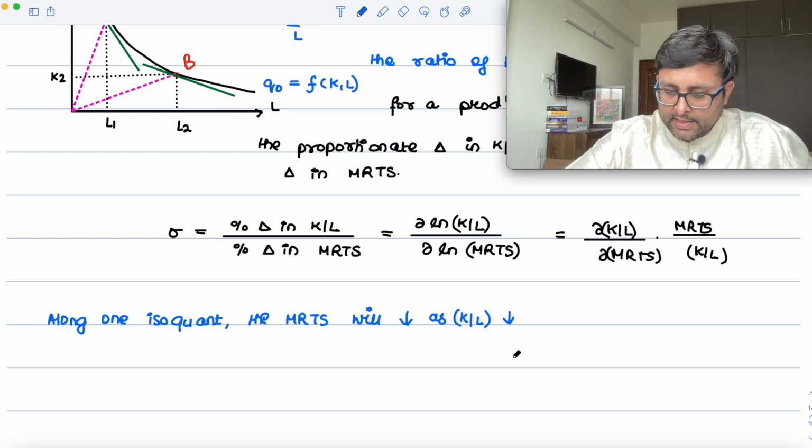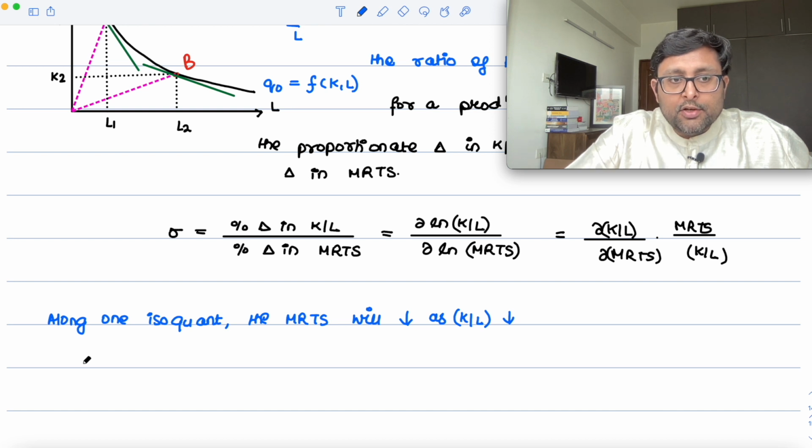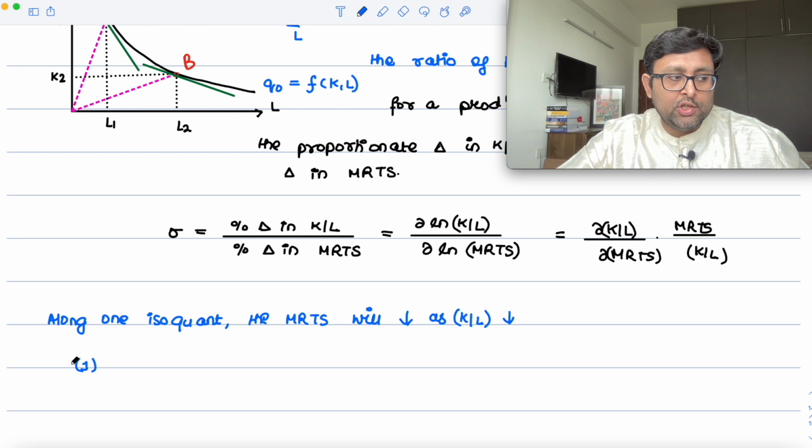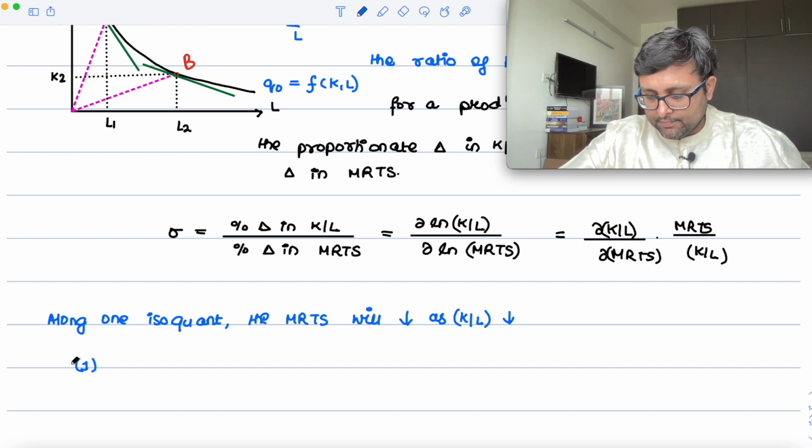MRTS will also decrease as K by L ratio falls, right? So you can just think of it like this. If MRTS is not at all changing with a change in K by L ratio, you will say that substitution is very easy. It is very easy to substitute, right?